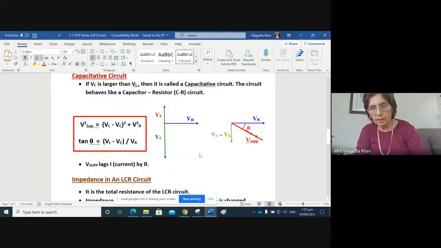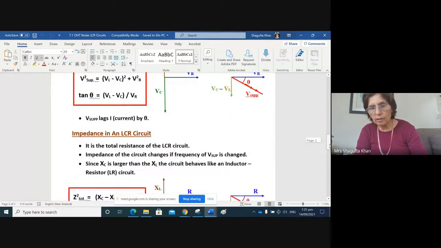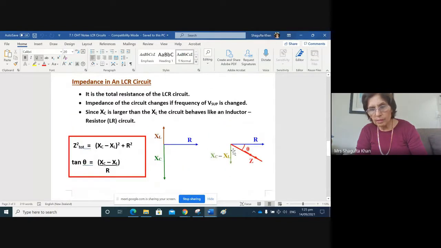In a capacitive circuit, this, which is the total impedance of all three together, is larger than R. Okay, so if impedance is larger, that means current in the circuit will not be at its maximum value.